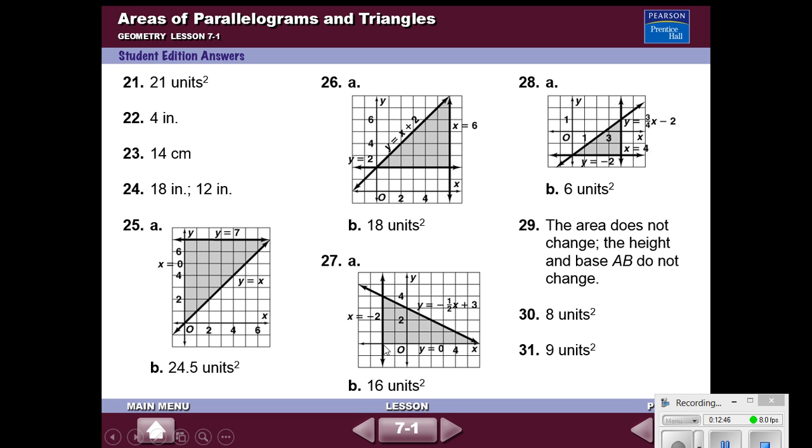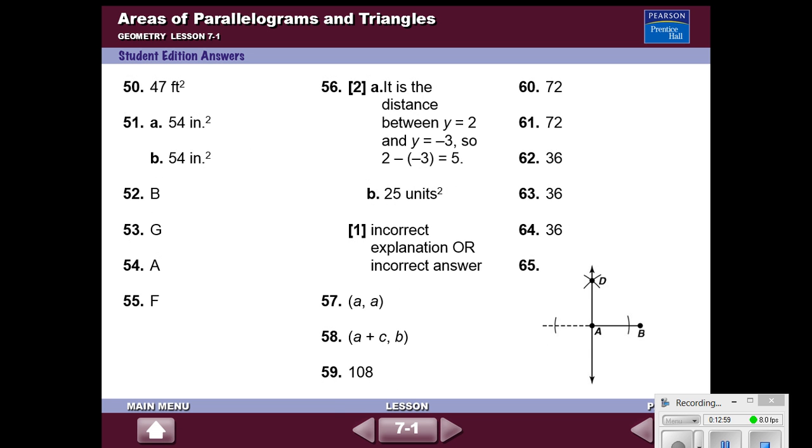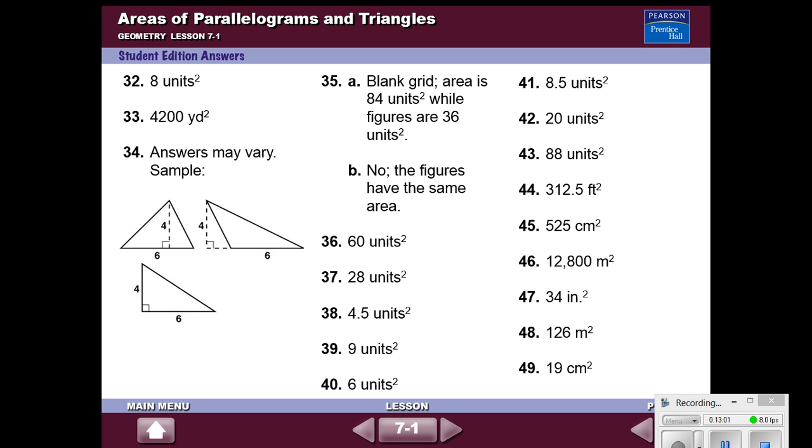If constructed right, you can easily compute the height and the base and use the formula half the height times the base for your area. Additional answers are here, so you have those. I'm going to leave that sit there for a minute so you can stop and check your answers.